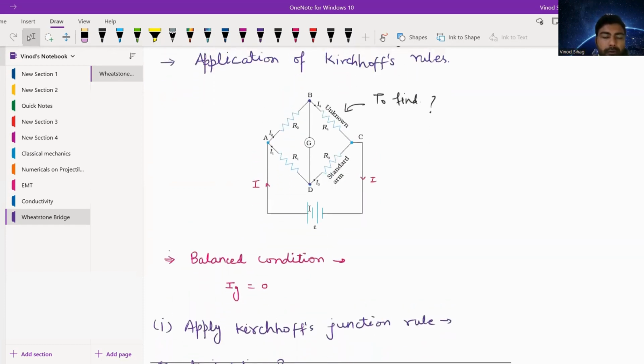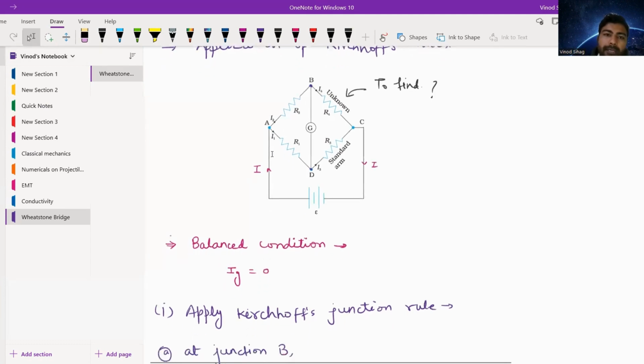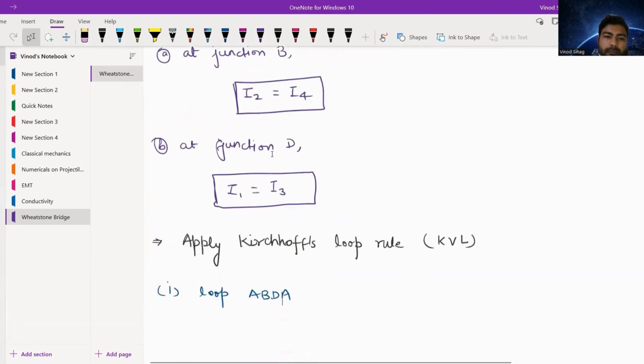So now we are applying Kirchhoff's voltage law. If I am starting from AB, then, because the current is also moving in the same direction as per the loop, it will be I2R2. Let me write.